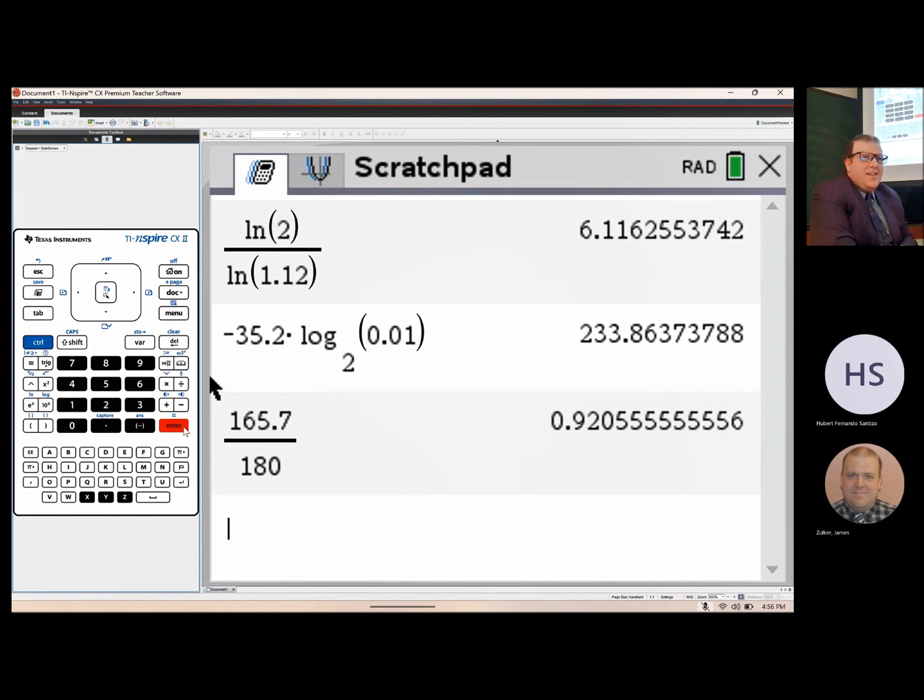Technically speaking, there are only 2 sig figs in this problem. 165.7 is 4, 180 is 2. Technically speaking. However, pi over 180 is a conversion.